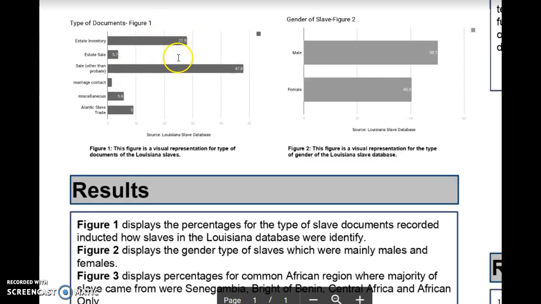My figure 1 graph has 6 different types of documents each slave presented to identify who they were and where they came from. 47.8% of the documents indicated that the slaves were sold, and the smallest percentage of documents show that the slaves had marriage contracts.